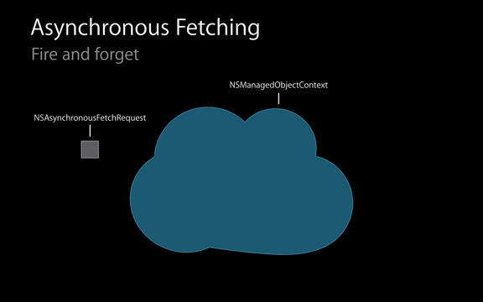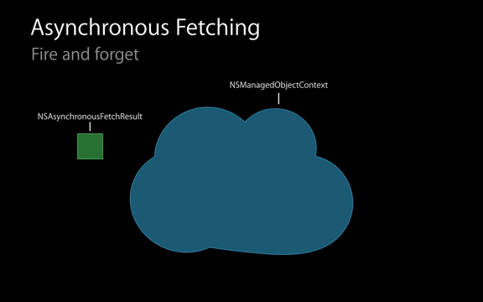So this is sort of how asynchronous fetching works. Again, you have a managed object context, only now you have an NSAsynchronousFetchRequest. Execute request on the context. The context immediately creates and returns an asynchronous fetch result. At the same time, it takes the asynchronous fetch request you gave us and sends it down to the store. You can now continue editing managed objects in that managed object context.